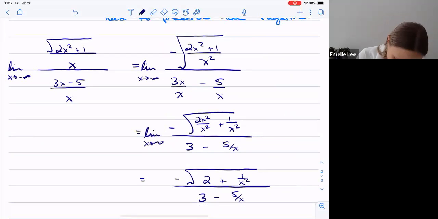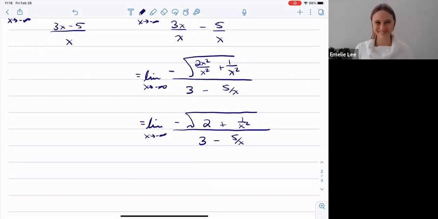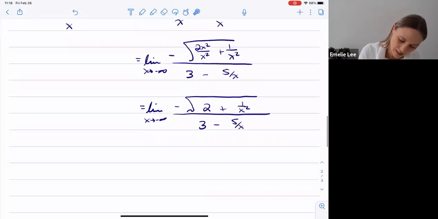It needs to be there, but don't be sloppy like me. Because otherwise, if I don't have the limit, then these things aren't going to go to 0, and so I'm not going to be able to evaluate this. So I need to be taking the limit, otherwise things won't go away.